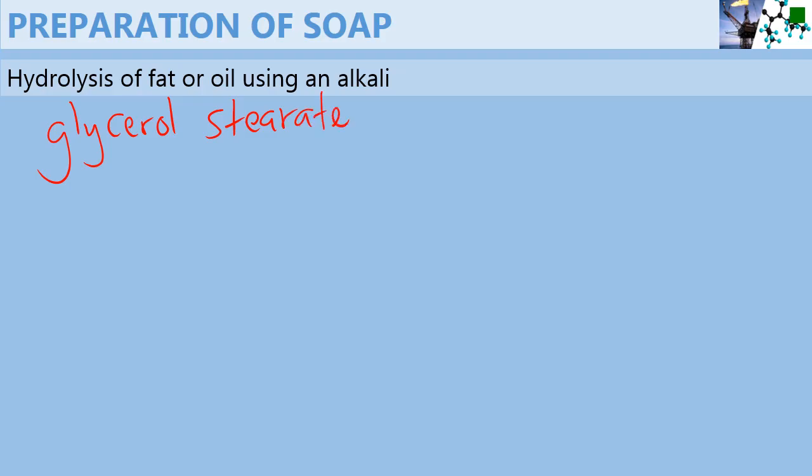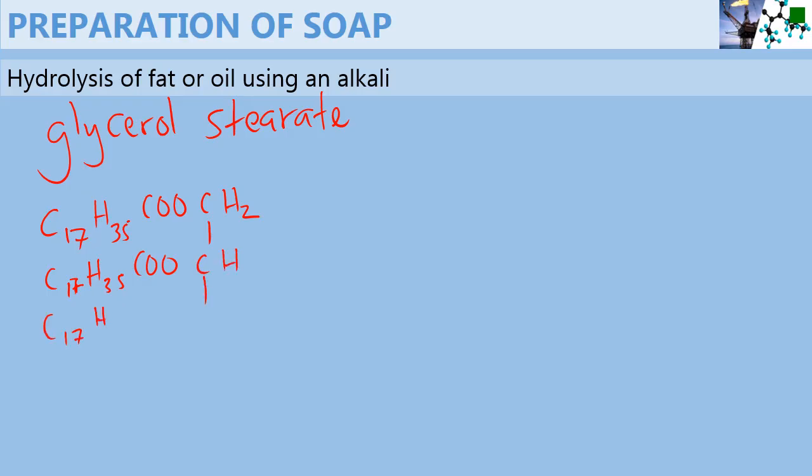Do not worry about this interesting term because you'll find that it is very easy. The formula for this compound is, as you can see, this part here repeats itself 3 times.